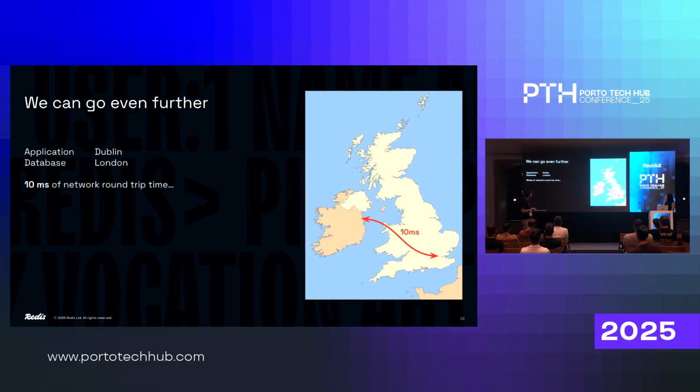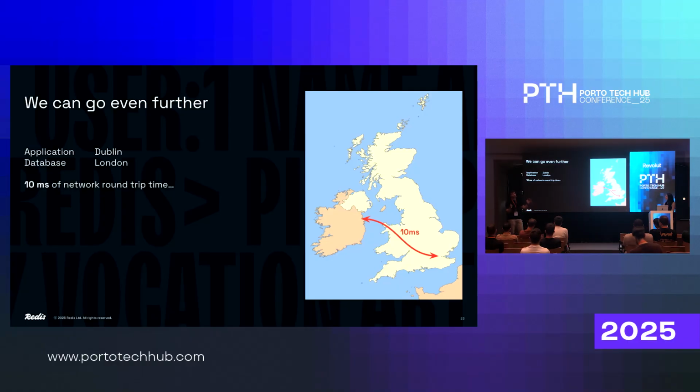But we can go even further, because we noticed while we were doing this that the application was deployed in Dublin, but the database was in London. So of course now we are just doing 2 round trips, right? One for the Z range and the other for the pipeline request, for the whole request.